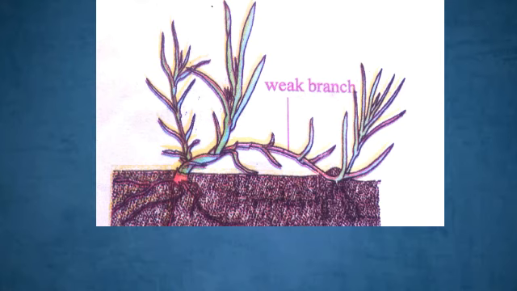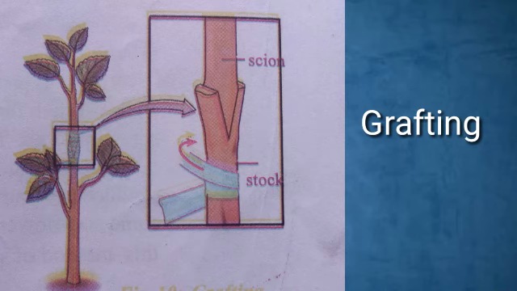In grafting, as seen in this picture, two plants are joined together in such a way that the stems join together into a single plant. One plant is still growing in the soil, and that plant is called the stock.